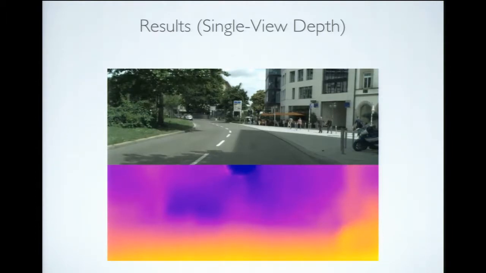Okay, but even there, one classical thing would be just the ground plane constraint that you can do classically. Oh, okay. Right, but then you wouldn't be able to get the other objects, like the cars, buildings, pedestrians, trees.